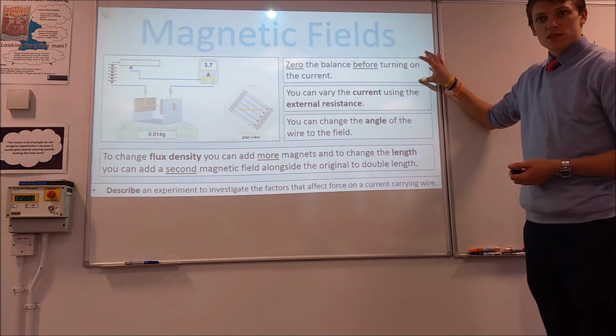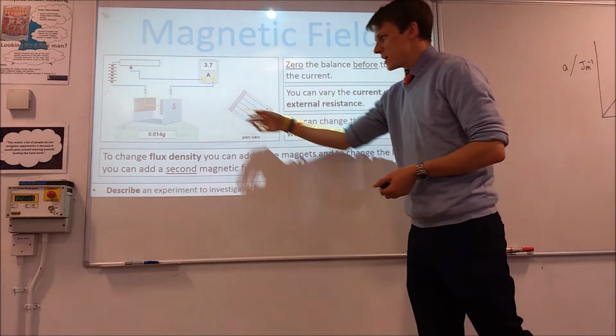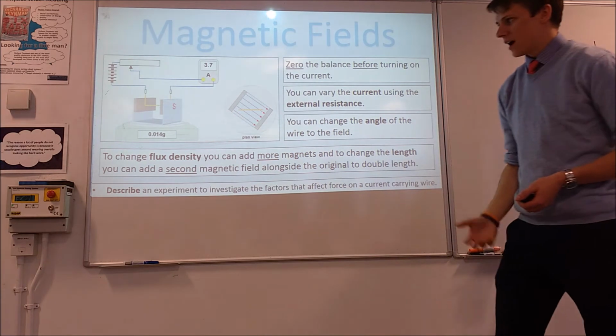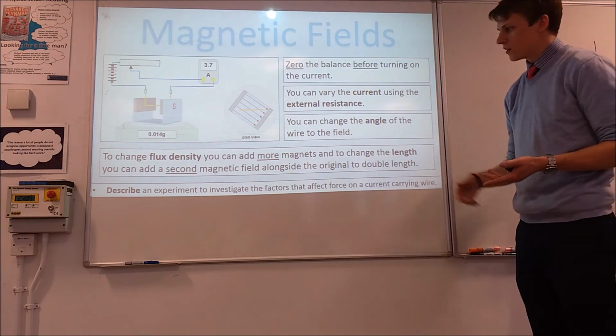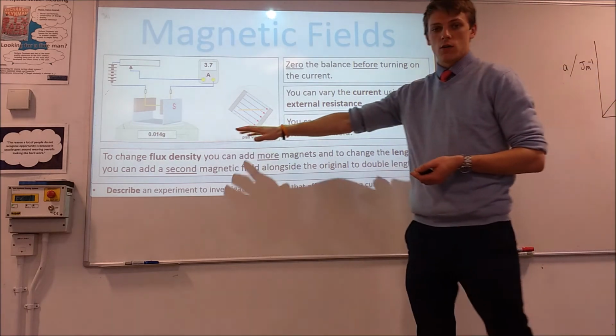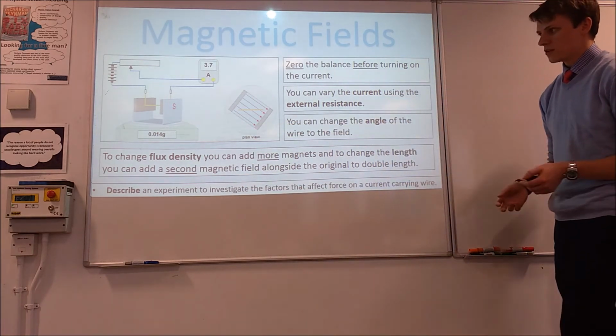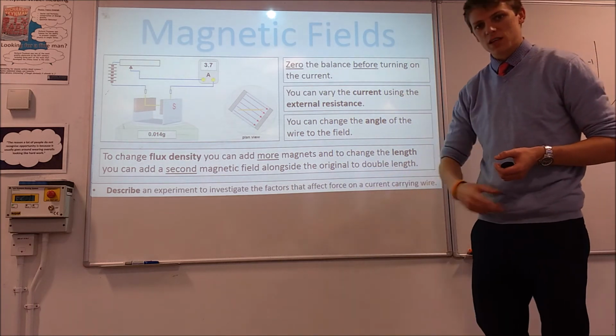So before you even start, you zero your balance, so it's not taking into account the weight of your magnets, and then as you change the various parameters like the current or the length or the field strength, you can see what the force from the magnetic field is by the reading on your balance. In the experiment you'll be able to change the current using an external resistance.